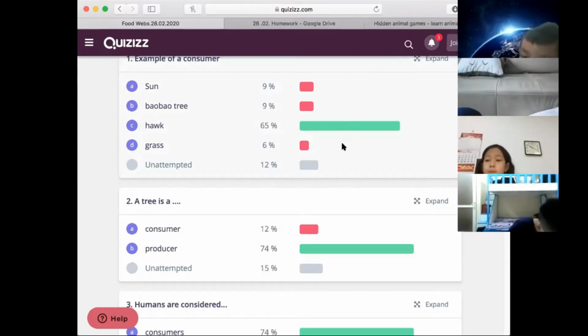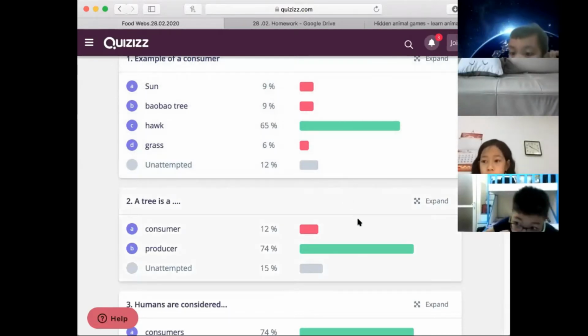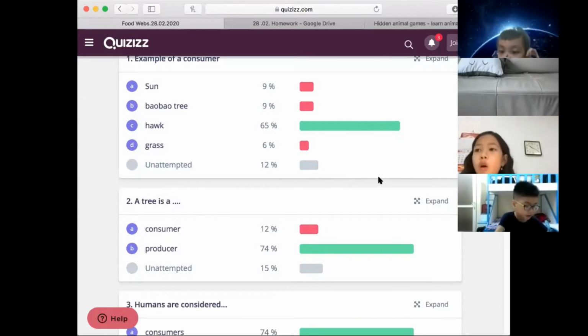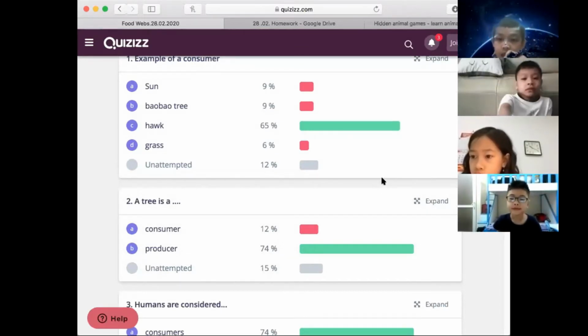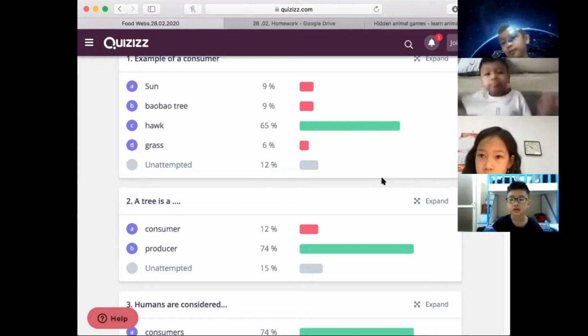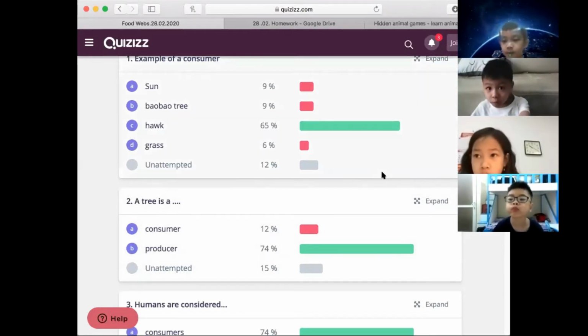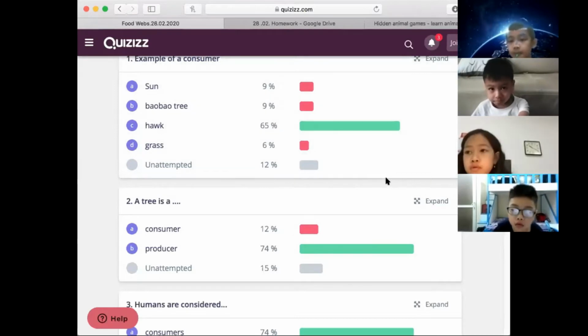Can a consumer make its own food? Teddy, can a consumer make its own food? The consumer cannot make its own food.